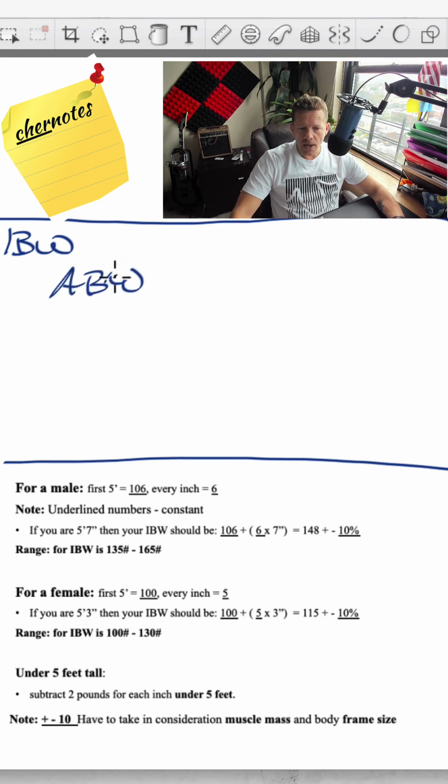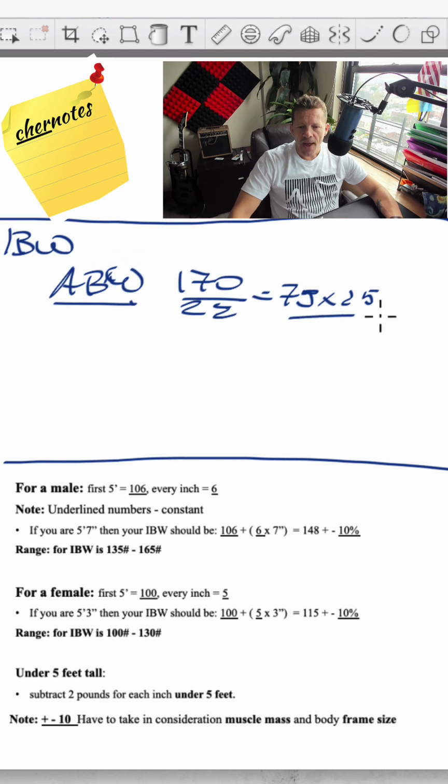Today we're gonna calculate your ideal body weight, because with actual body weight I was 170 pounds and I divided by 2.2 and got 75 kilograms, and then multiplied by 25, and my estimated energy requirement for the entire day came to 1900 calories. But it's based on my actual body weight.